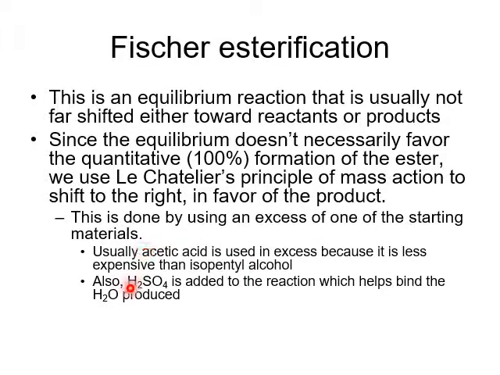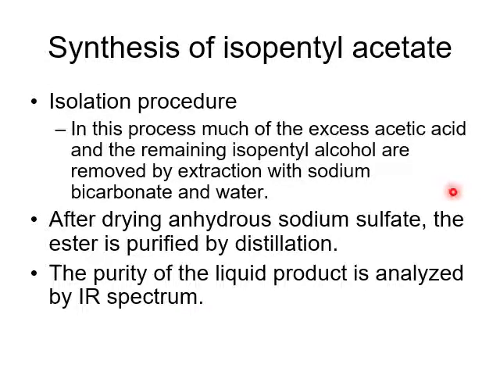In addition, we're going to add some extra sulfuric acid. Sulfuric acid will attract the water, the byproduct of the reaction, and by removing the water, the reaction will go to the right, toward the products.